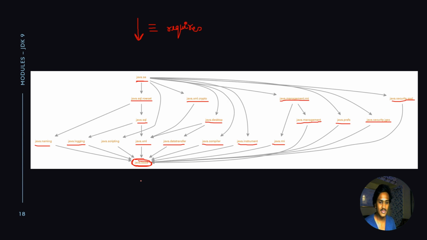Then there are other packages like java.lang, java.math, and all of those which are required by any application. So whether you use modules in your project or not, java.base is the default module which is required by all the other modules in your project.